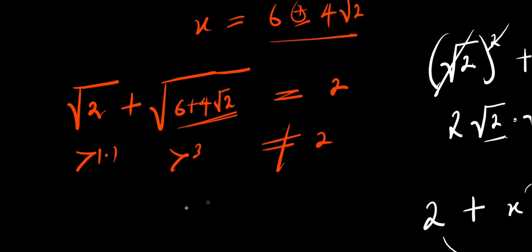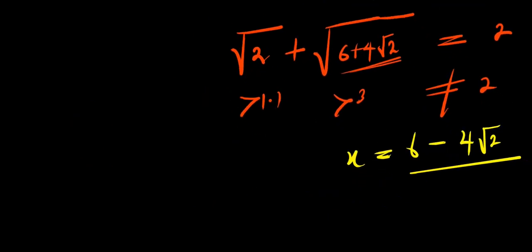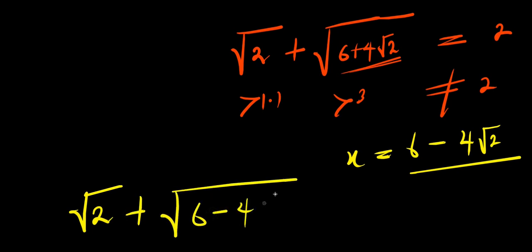Now, if you consider x equals 6 minus 4 root 2, this will satisfy the equation because we have root 2 plus square root of 6 minus 4 root 2 equals 2.